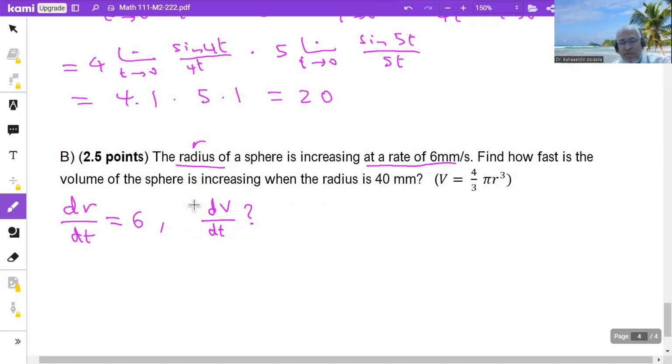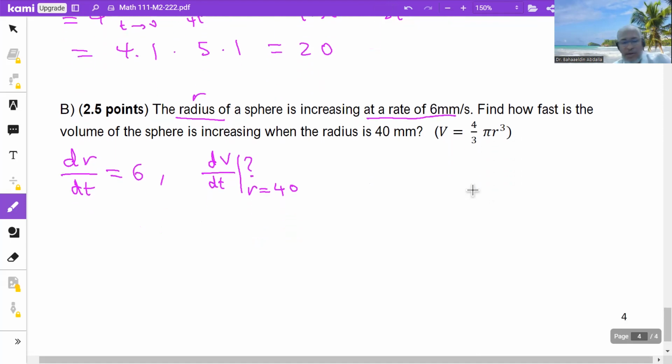So he's asking about dv by dt when the radius is 40. So at this instant where the radius is 40 millimeters. And he gave you the formula, the relation between the volume and the radius. So to find dv by dt, given dr by dt, I need to differentiate this equation with respect to t.